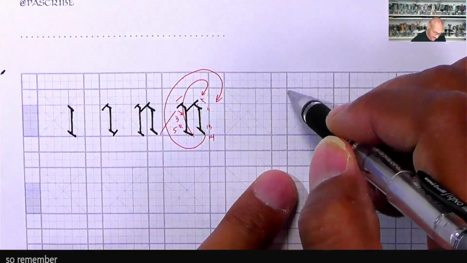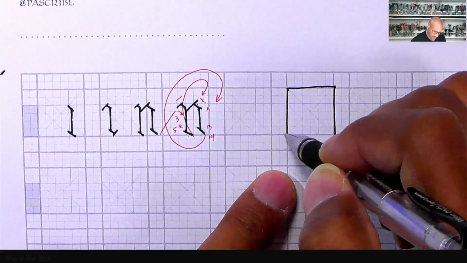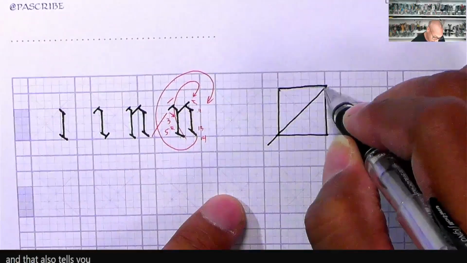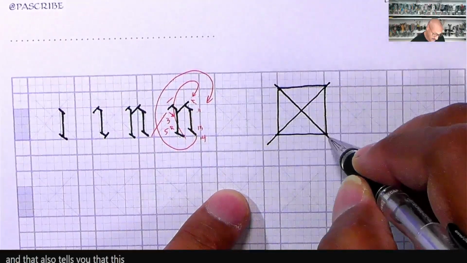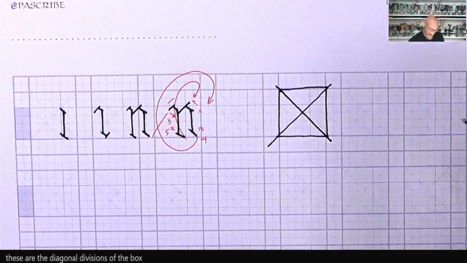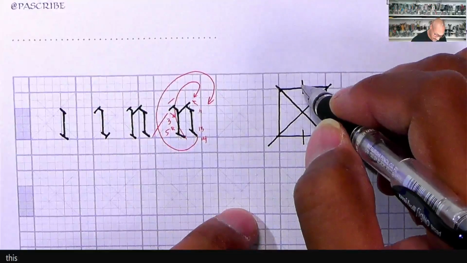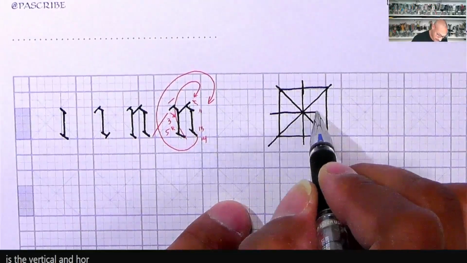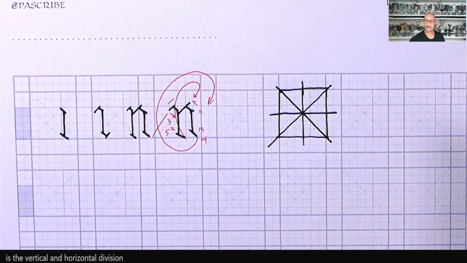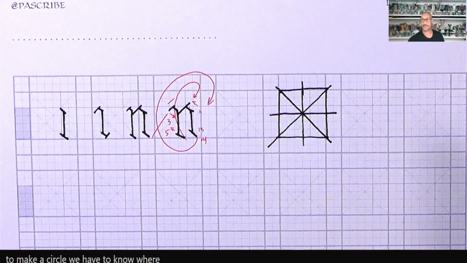So remember, this is the box. And that also tells you that these are the diagonal divisions of the box. This is the vertical and horizontal division. Now, in order to make a circle, we have to know where the square is.